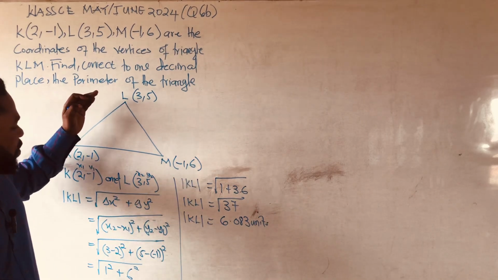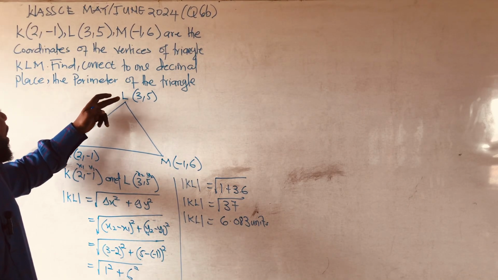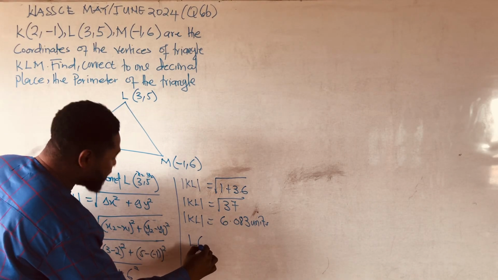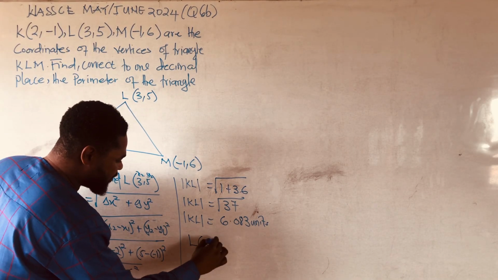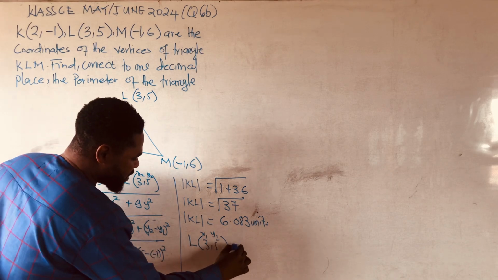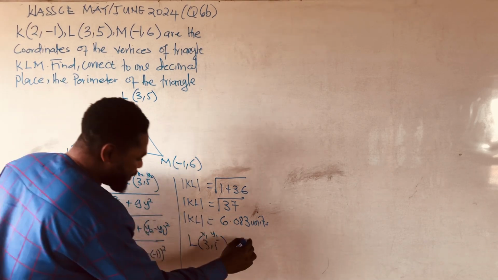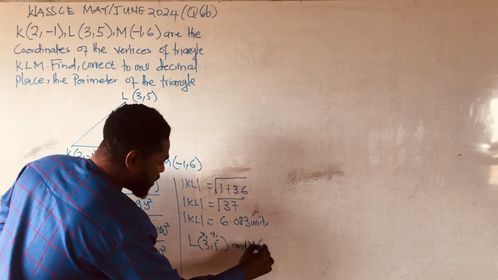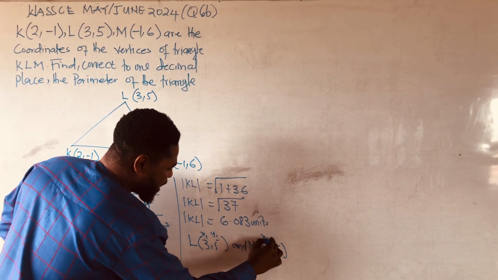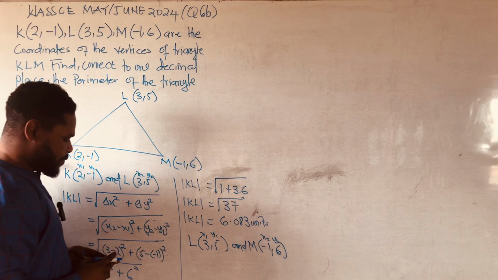Now let us also look at how we can calculate our LM. Again, we write our L coordinate, which is (3, 5), and name it x1, y1. And your M, you have (-1, 6), which is x2, y2.